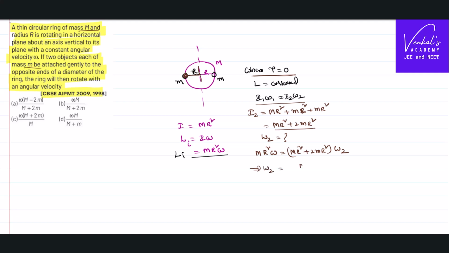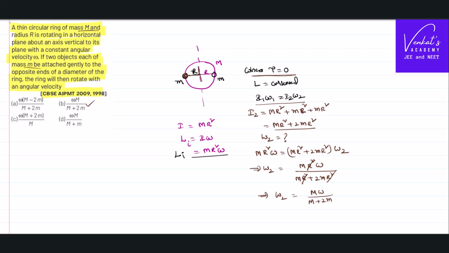It implies omega 2 equals M R squared omega divided by M R squared plus 2m R squared. R squared is common in both numerator and denominator and can be cancelled. So the new angular velocity is M omega divided by M plus 2m. That's the answer. Answer B is the answer option given for you to solve the problem.